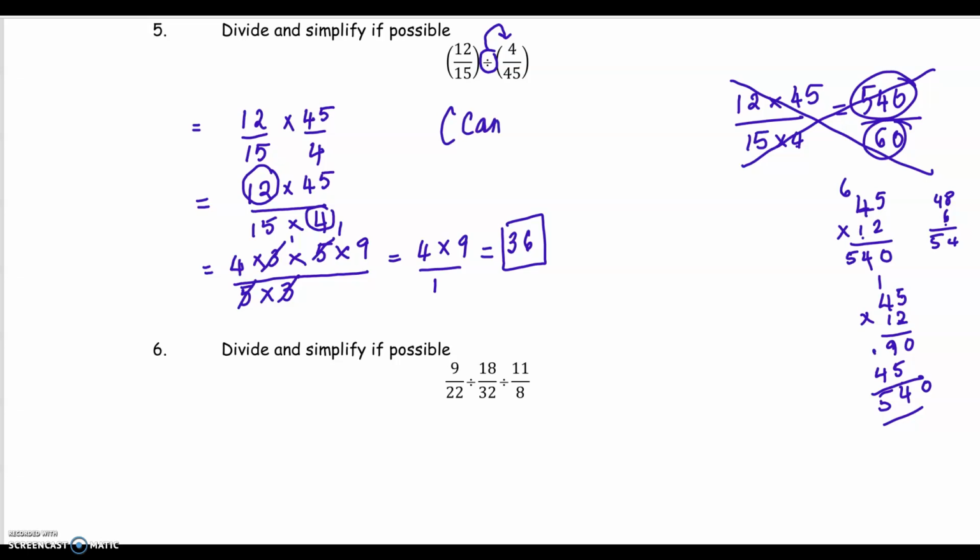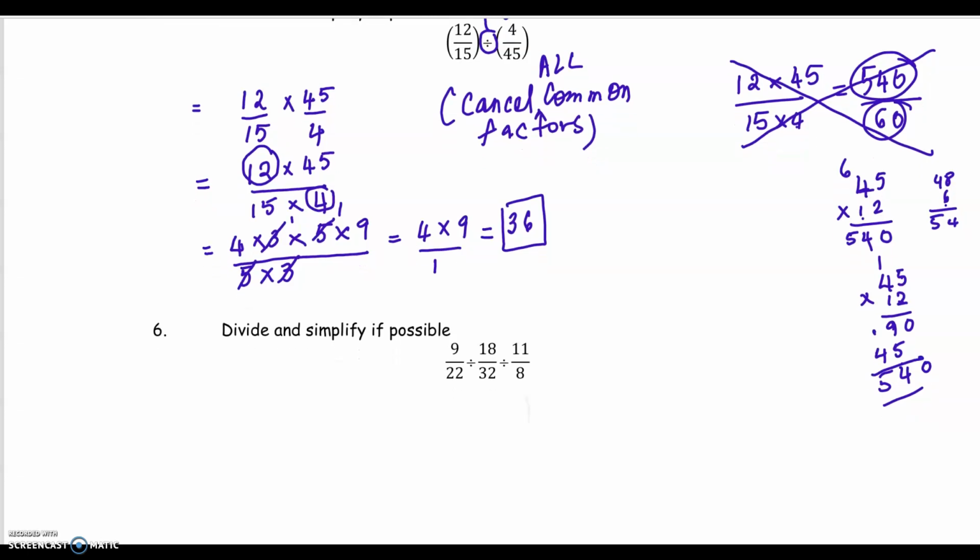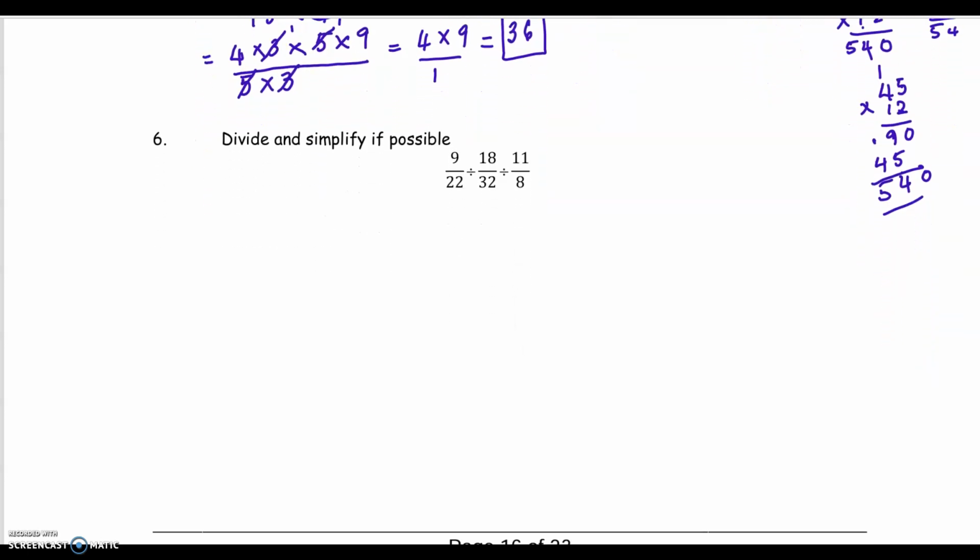In multiplication of fractions, cancel common factors first, all common factors, before you multiply the numbers and come up with the final answer. That is the best way to do these problems without a calculator.